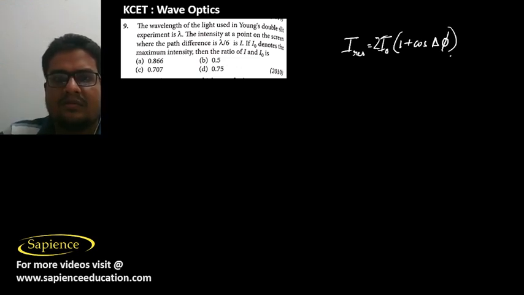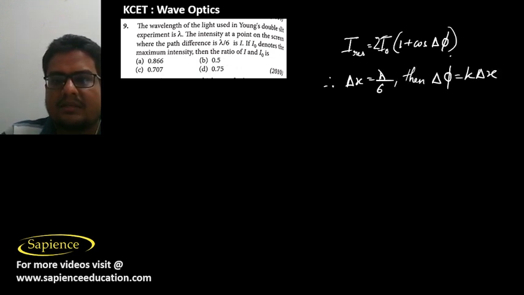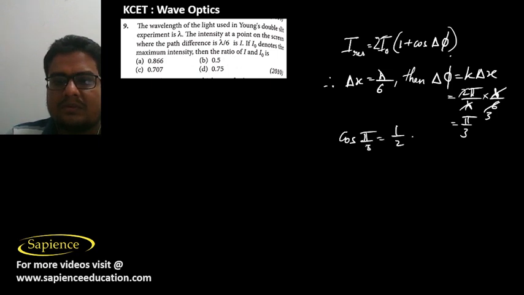So phi is the phase difference. When the path difference delta x is lambda by 6, then the phase difference will be equal to k delta x, where k is the angular wave number, which is 2 pi by lambda into lambda by 6. So that will be equal to pi by 3, and cos pi by 3 will be equal to half.